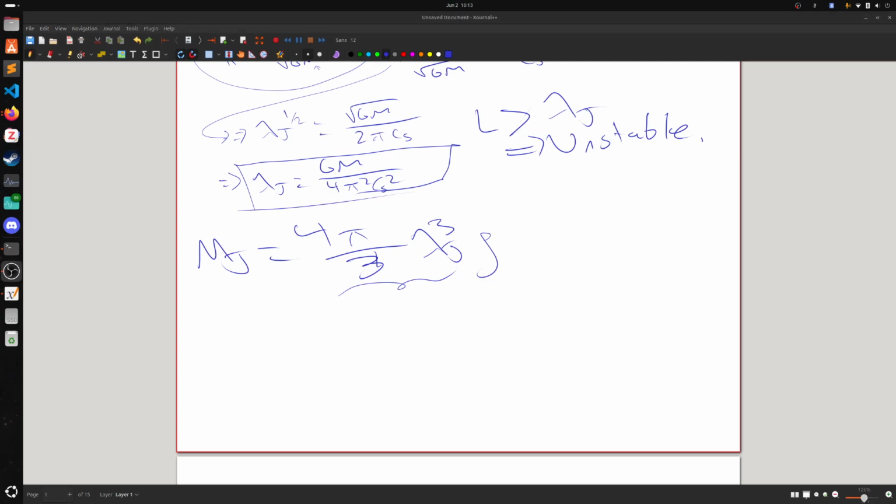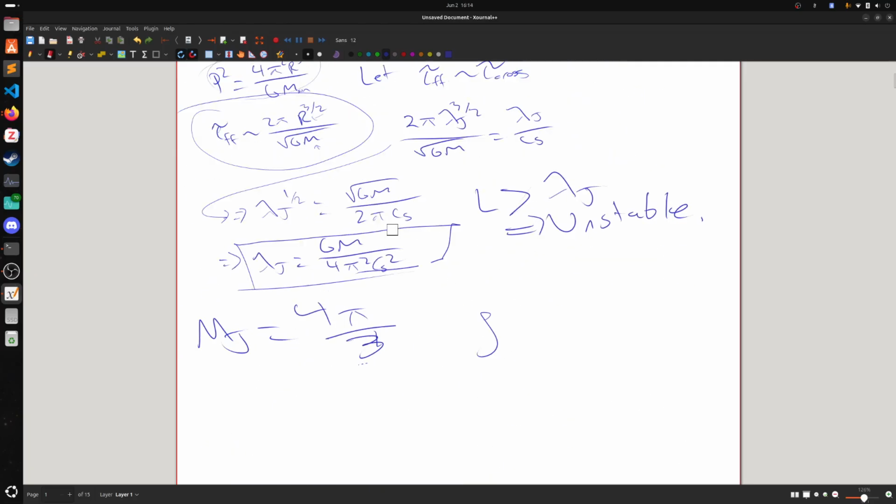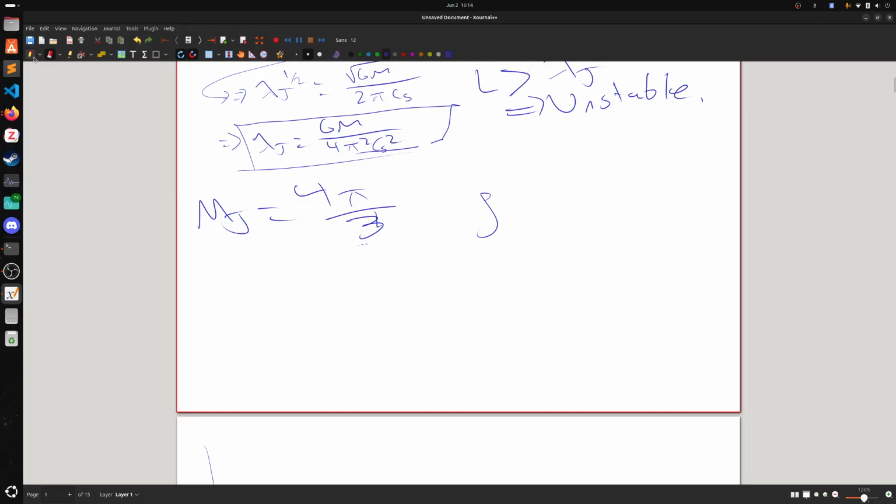So actually one thing I completely forgot about is typically the way this is defined, it's not actually the Jeans length, it's the Jeans length over 2, because the Jeans length is the full length of your cloud, it's the diameter, but really this formula is the radius, so this should be the Jeans length over 2 cubed.